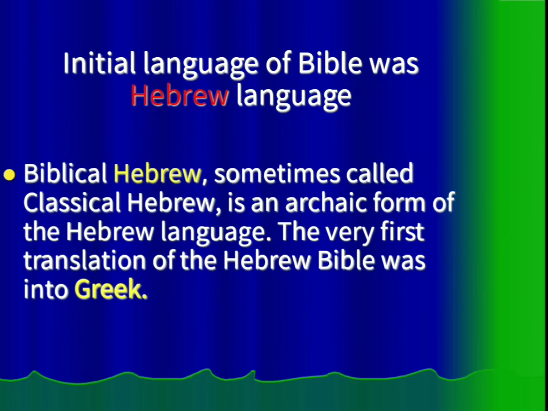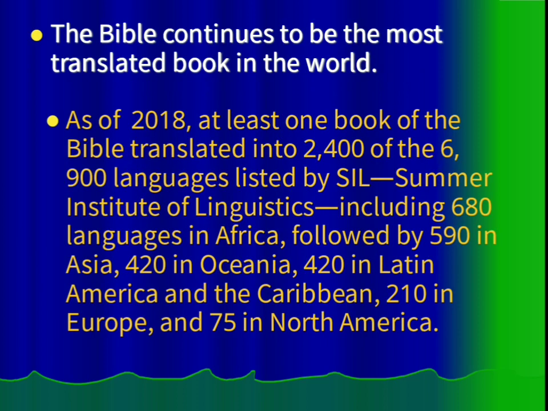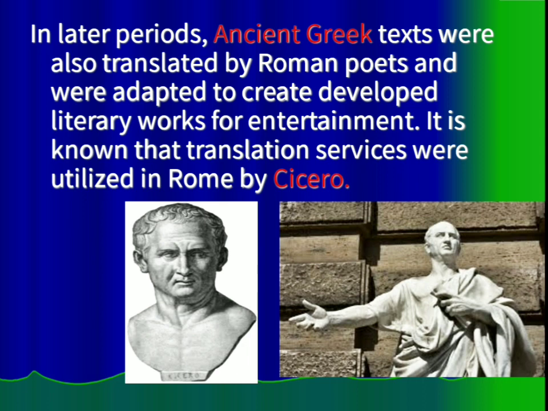The initial language of the Bible was Hebrew, sometimes called classical Hebrew, an archaic form of the Hebrew language. The Bible continues to be the most translated book in the world. Until 2018, at least one part of the book was translated into 2,400 of the 6,000 languages.